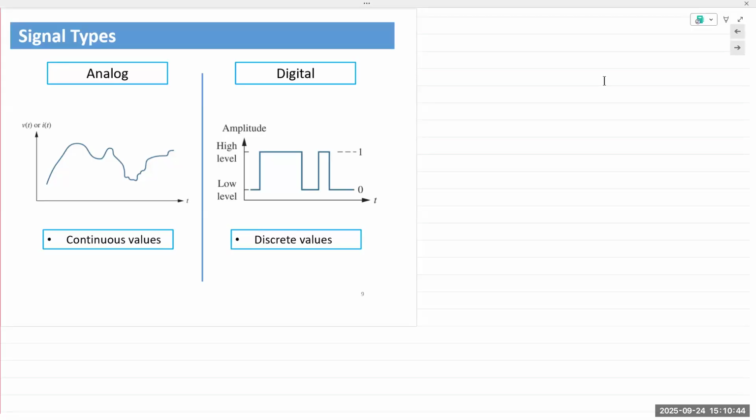Okay, analog and digital. If you represent an analog signal as a function of time, it has continuous values. So at any given point in time, it could have any value.